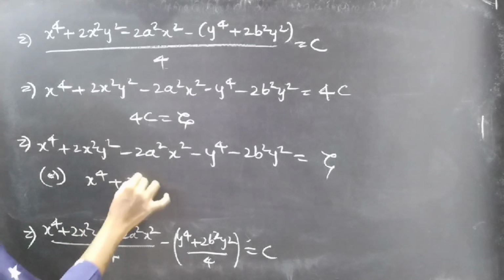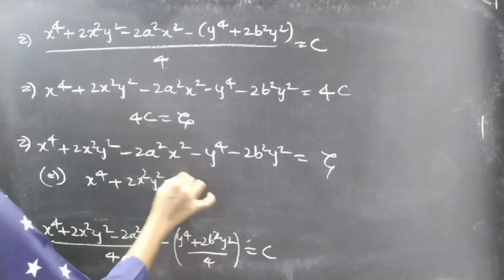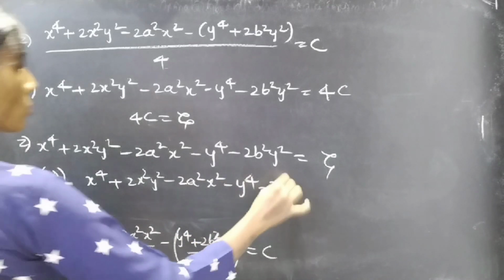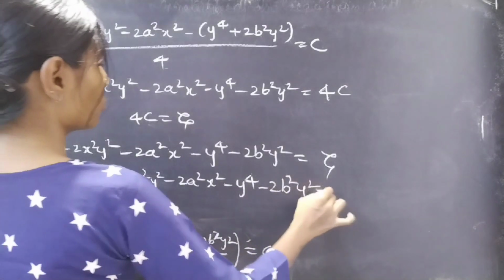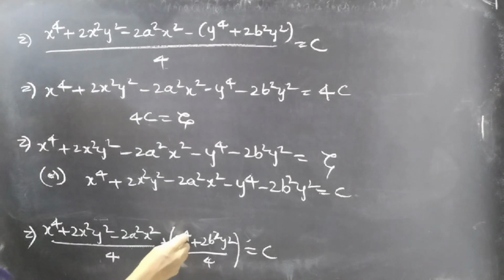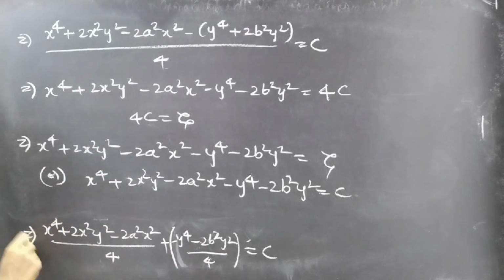Here we have taken minus common, or you can just leave it like this, and write this step directly from the earlier one. You can skip this step.